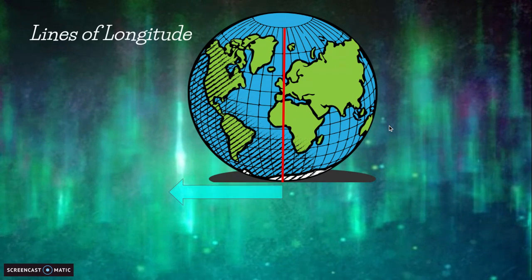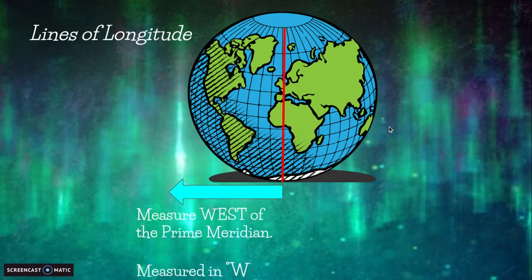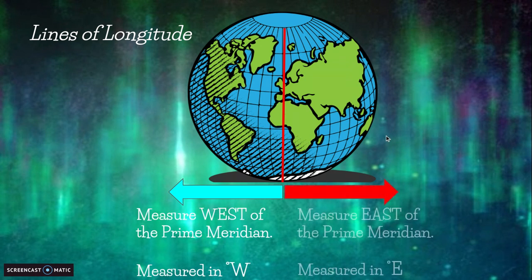All right, so lines of longitude measure west and east of the prime meridian. So lines of longitude west of the prime meridian are measured in degrees west, and lines of longitude east of the prime meridian are measured in degrees east.